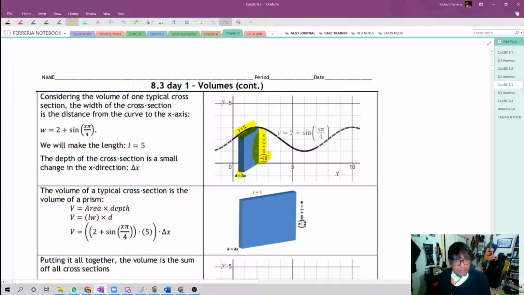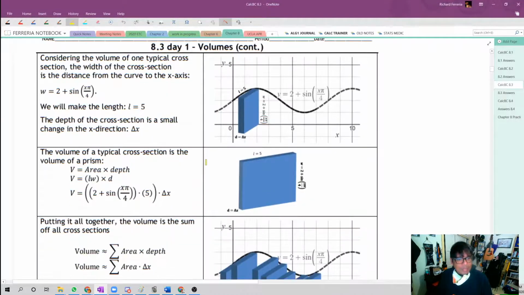And then the width of this, we're going to call that the depth, and that's the delta x. That width is kind of variable. It really depends on how skinny we want to make all of these cross sections, so we'll just leave that as a delta x. That delta x should be triggering some memories for you right now.